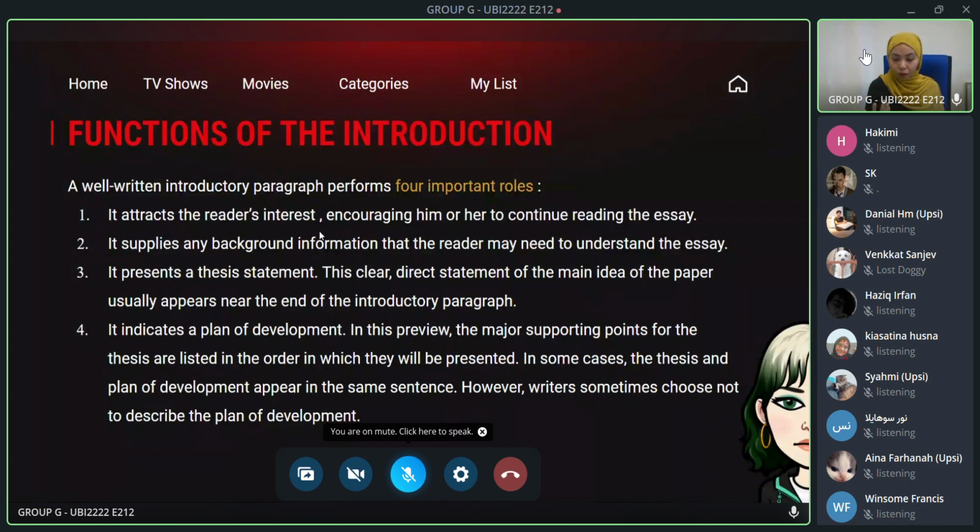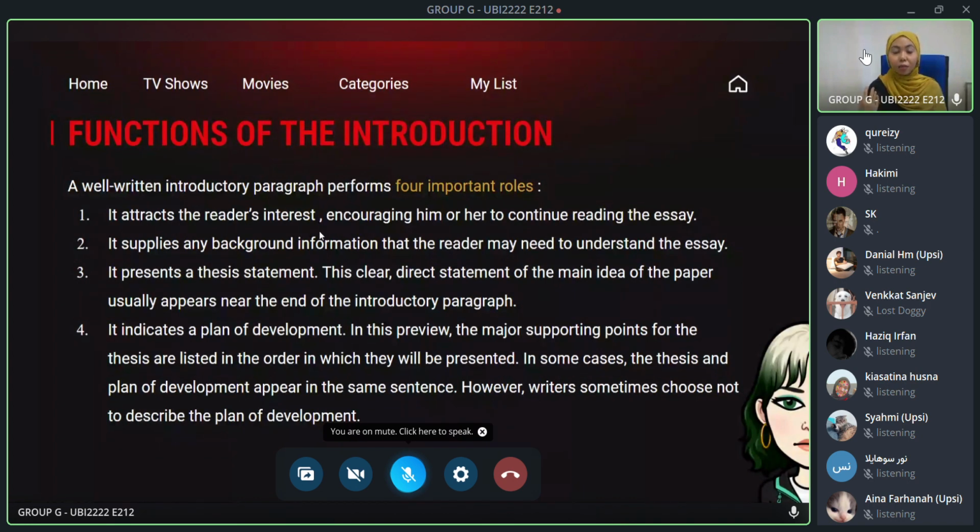So an introductory paragraph plays this important role. If your introduction is not interesting, regardless of how well you discuss the points later on, I might not have the same interest. I still have to try and continue reading.